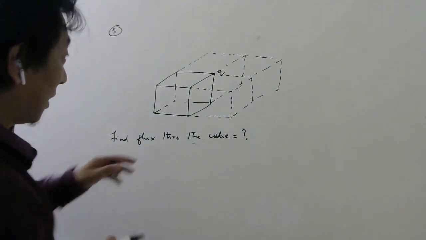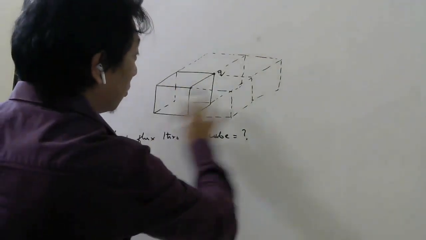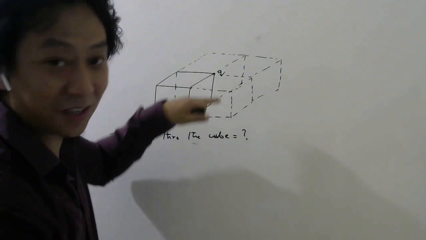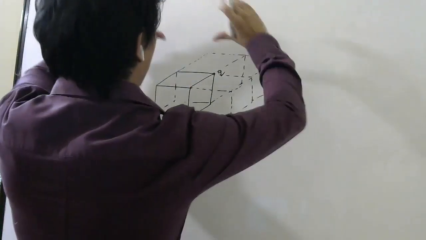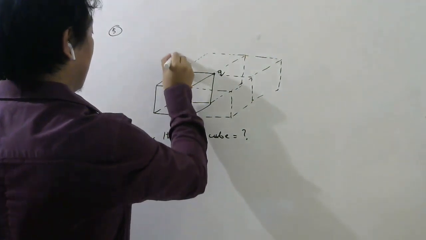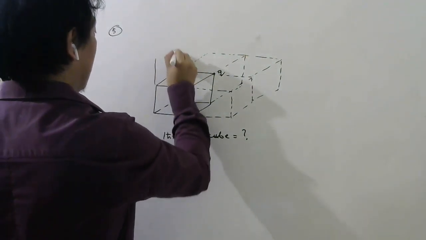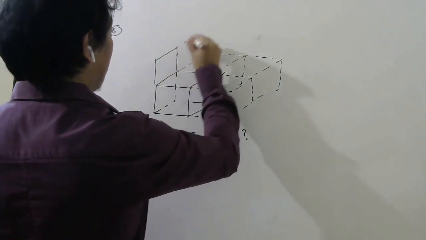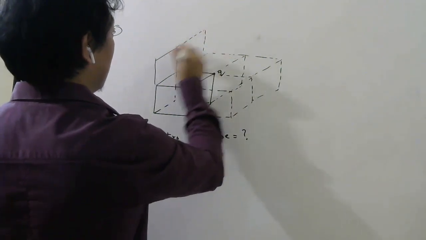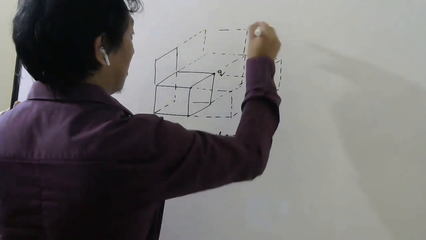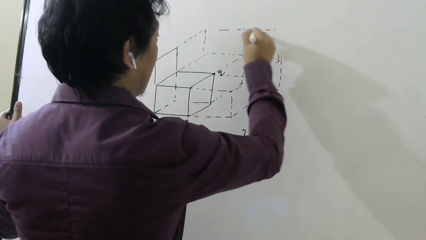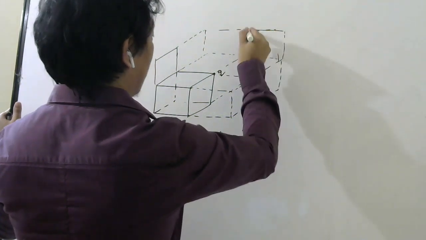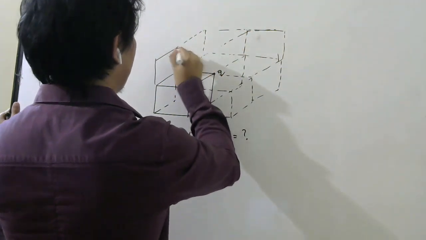Can I apply Gauss law for these 4 cubes? No, because the charge is not inside, it is on this face. So now imagine one more same thing here on top. Same thing you think on the top. So please imagine it yourself. There's no point to draw actually, you can imagine yourself.